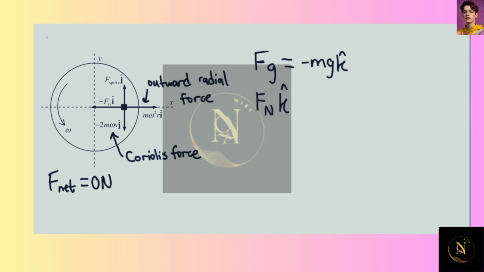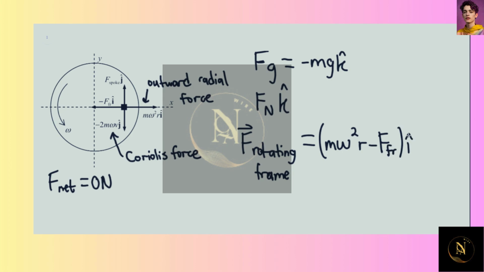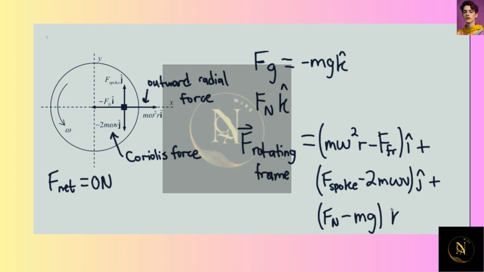And so we can say that the force of the rotating frame, if we were to add these, would equal m omega squared r minus the force of friction i hat, plus the force of the spoke minus 2 m omega v j hat, plus, of course, force normal in the z direction, force normal minus mg times k hat.